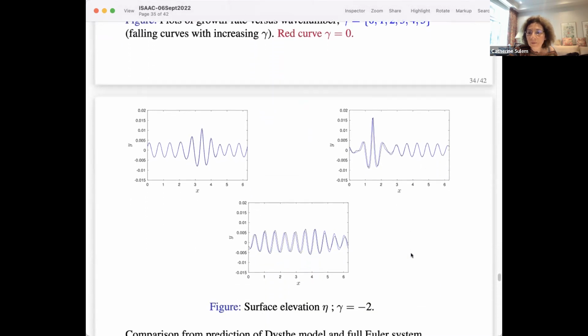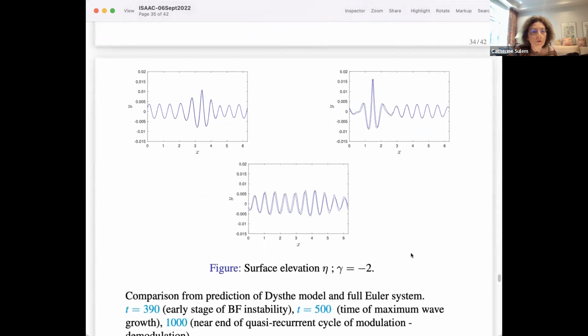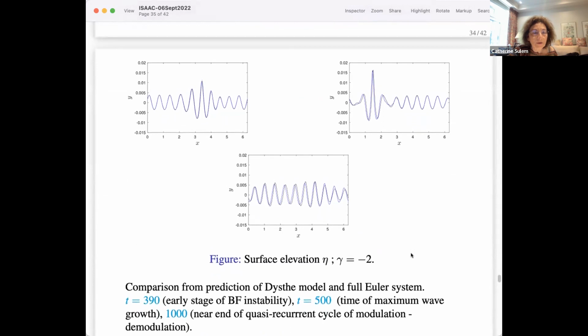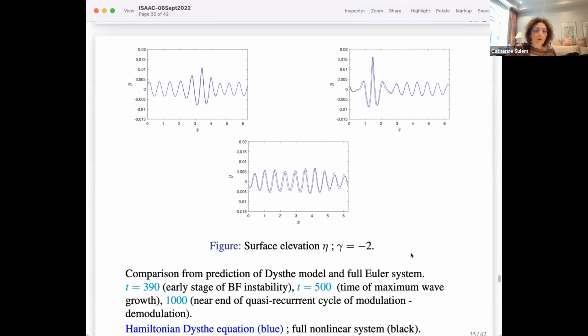And this picture shows a comparison of the surface wave elevation. The parameter is gamma equals -2, so it's a counter-propagating, adverse current.